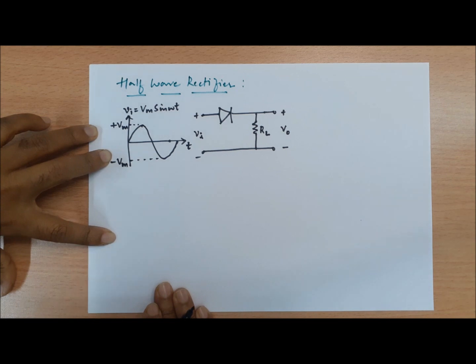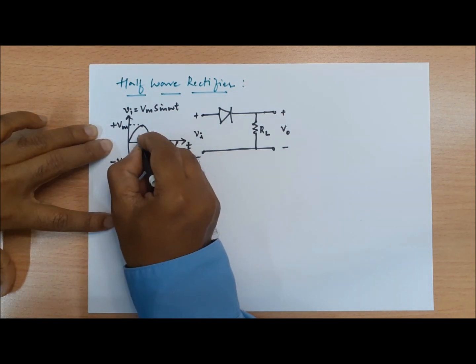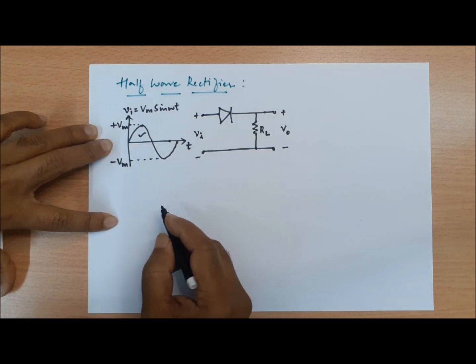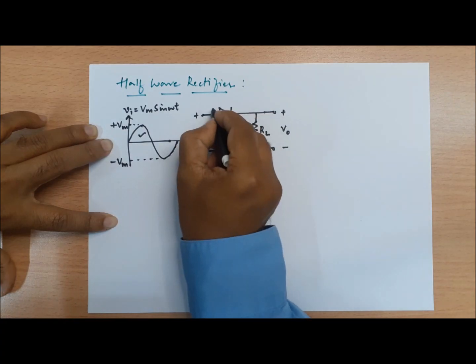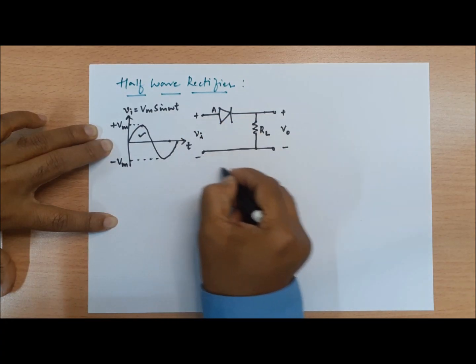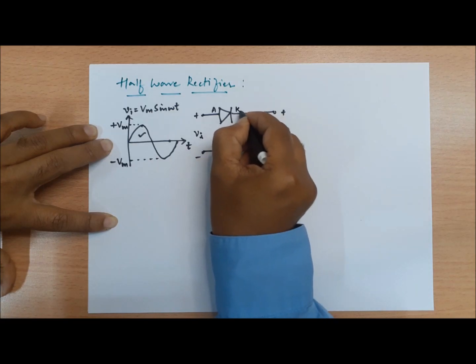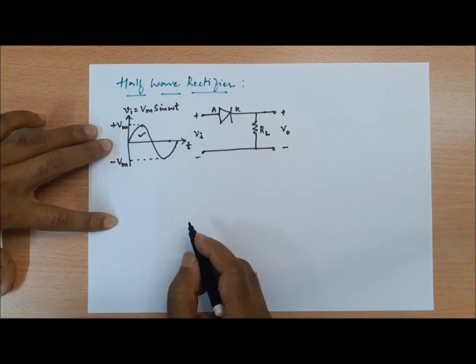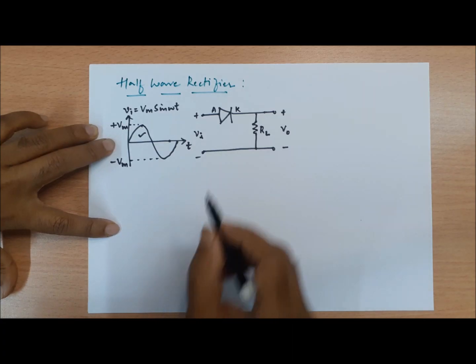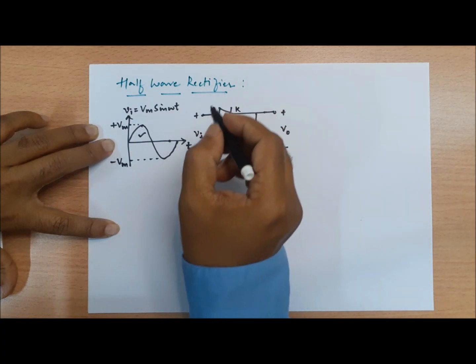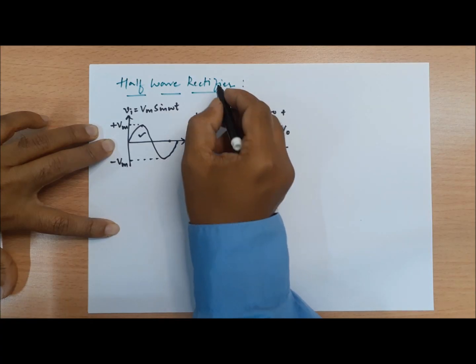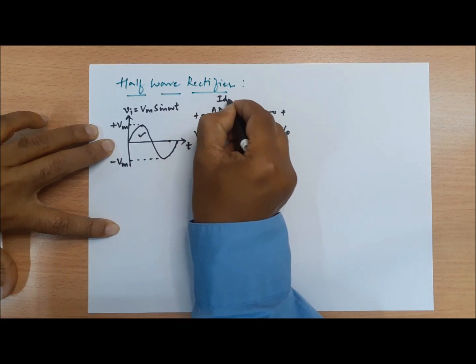During the positive half cycle, we are applying a positive voltage to the anode and in turn a negative voltage to the cathode, which makes sure that the diode is forward biased. Now by the way, we are assuming that the diode is ideal.